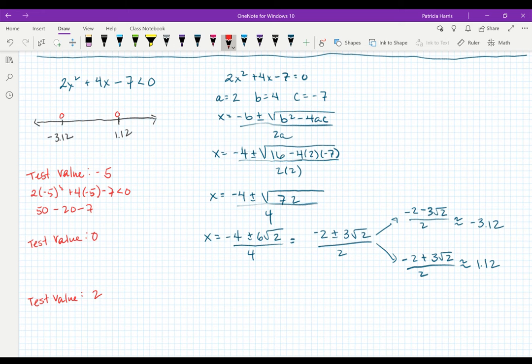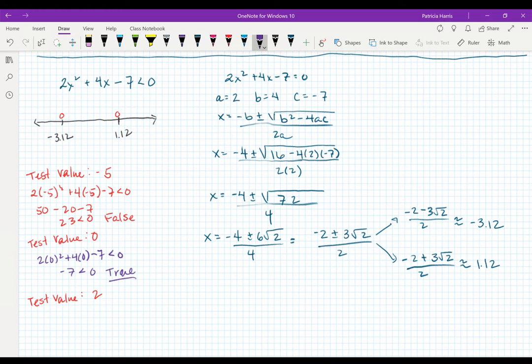So that would be 50 minus 27, which would be 23. That is not less than 0. That is false. Okay, so let's plug in a 0 and see what happens. 2 times 0 squared plus 4 times 0 minus 7 less than 0. 0 plus 0, -7 less than 0. That is true.